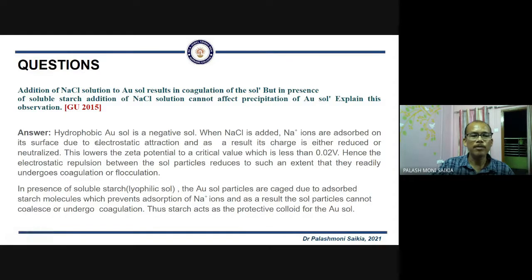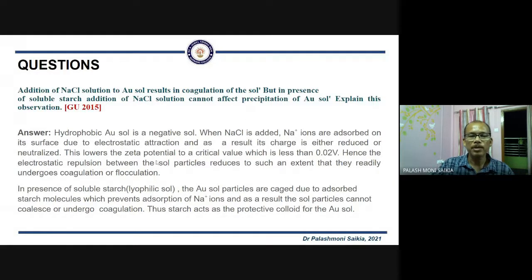Sodium ions are absorbed on the surface. It is already negative, but because of addition of sodium chloride, sodium ions will get absorbed. Already there is some absorption of negative ions, and addition of NaCl will provide another ion which is opposite in charge, and it will either totally neutralize the charge or reduce it to a very low level.